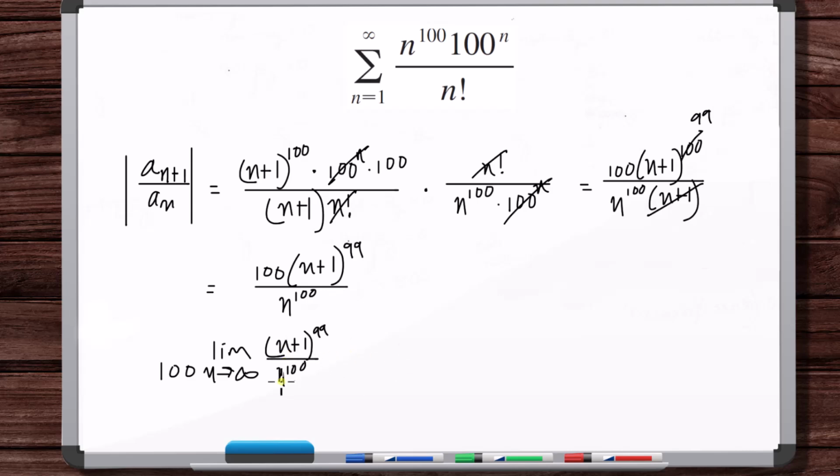And so what happens is you get 1 in the denominator, and then everything in the numerator is going to be, every term is going to be divided by at least n to the first. So as n goes to infinity, the numerator is going to go to 0, and the denominator is going to be 1. So this limit goes to 0. 0 times 100, this goes to 0. That's less than 1. So convergent.